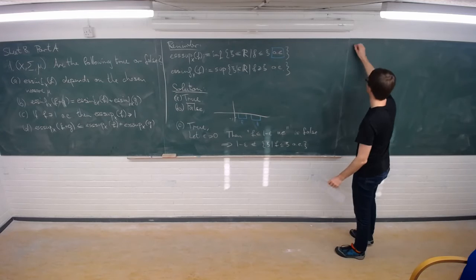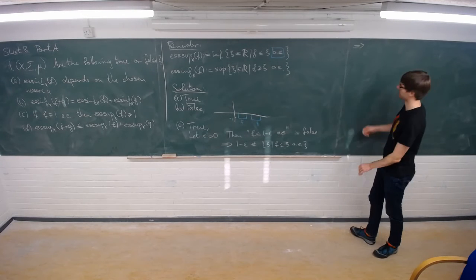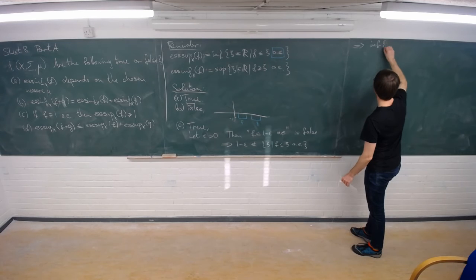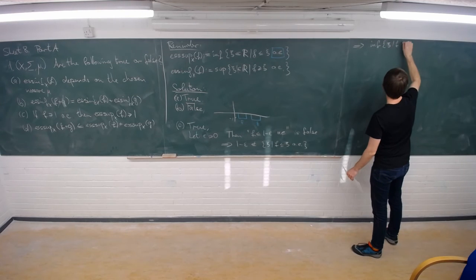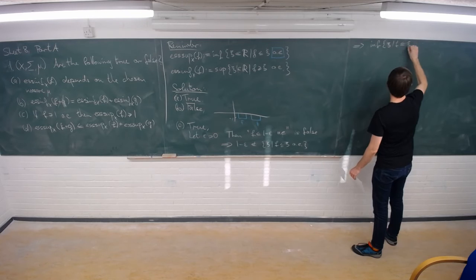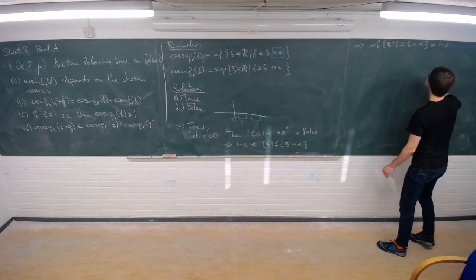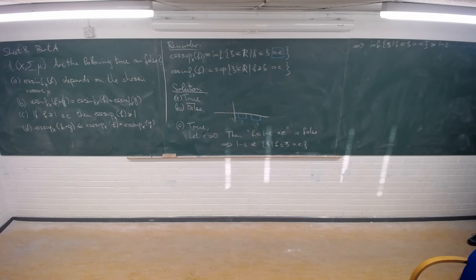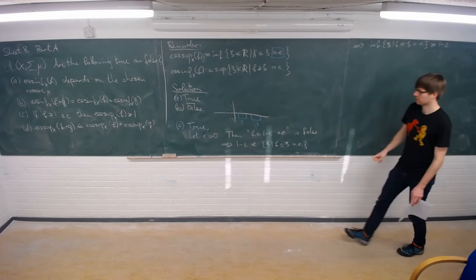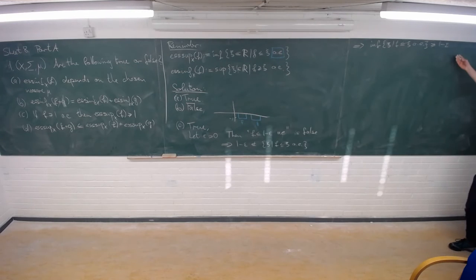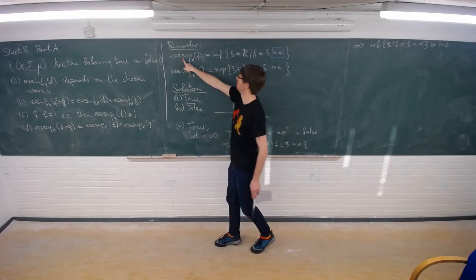Okay, but this means that the infimum of this set has to be larger than 1 minus epsilon. Right, because for no epsilon, there's an element of this set. Okay, but now on the left-hand side, there's just the definition of the essential supremum.